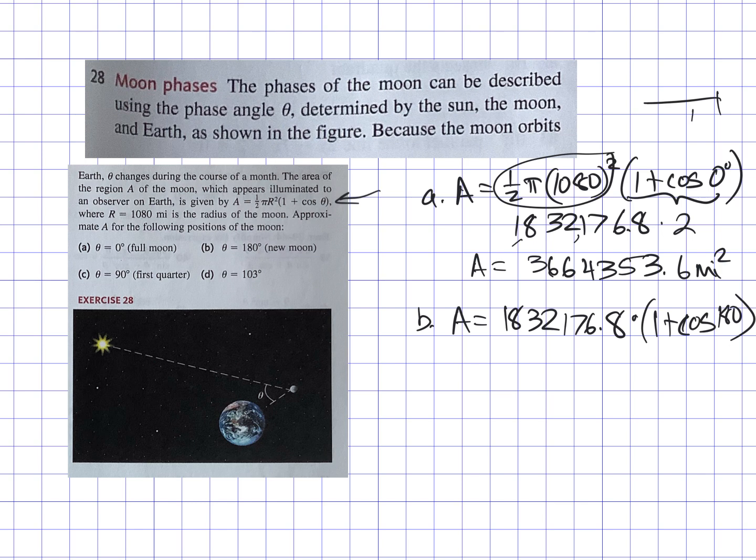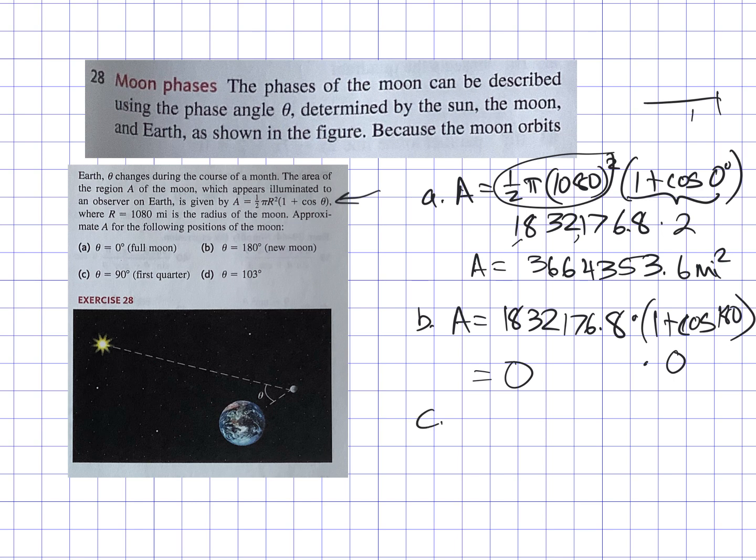Cosine of 180 is going to be negative 1. 1 plus negative 1 is 0. Anything times 0 is 0. So this is all going to be 0. Well, that makes sense because at 180 degrees, the Earth is going to be directly where it can't see anything that the sun is hitting.